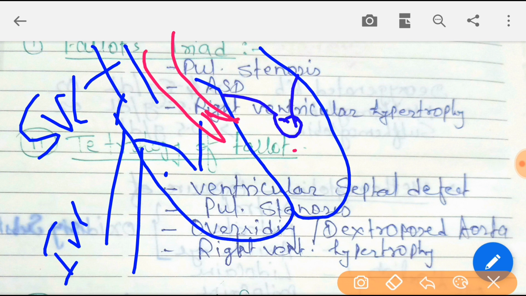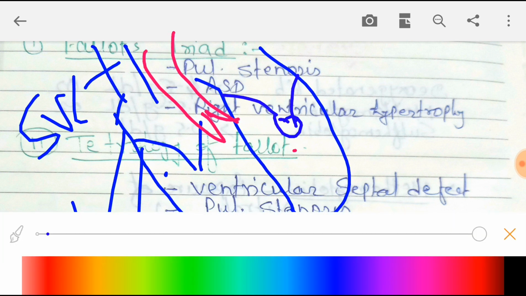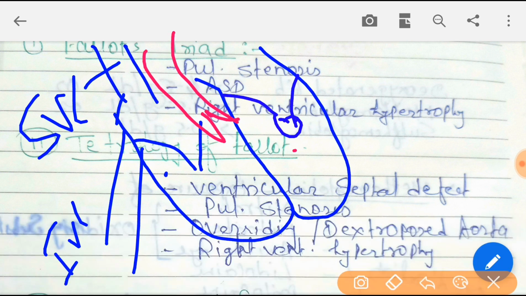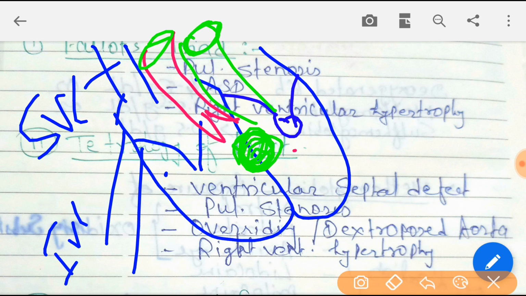If you remember like that, and the aorta is here, the aortic trunk, then overriding, that means here is a ventricular septal defect, and the aorta is just above the ventricular septal defect, known as overriding of aorta, also known as dextroposed aorta.